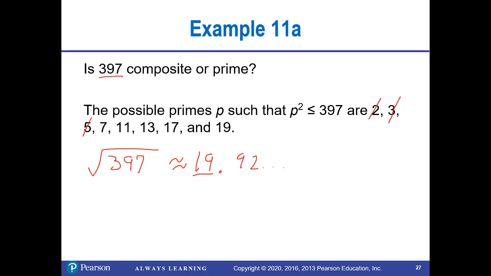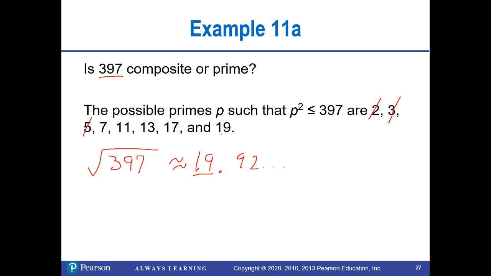Using my calculator, I'll check if 7 divides it, and it does not. I'll check if 11 divides it, and it does not. I'll check if 13 divides it. It does not. I'll check if 17 divides it. It does not.